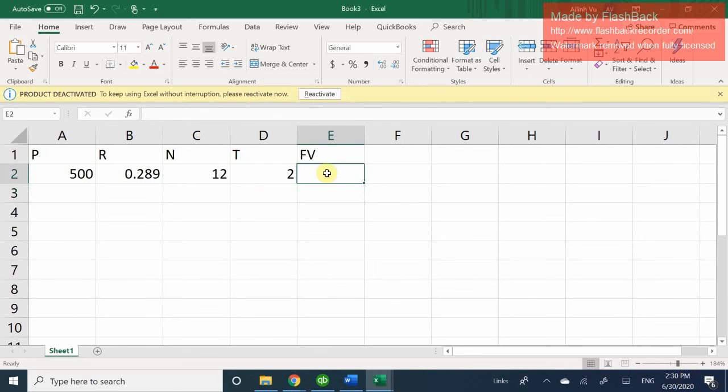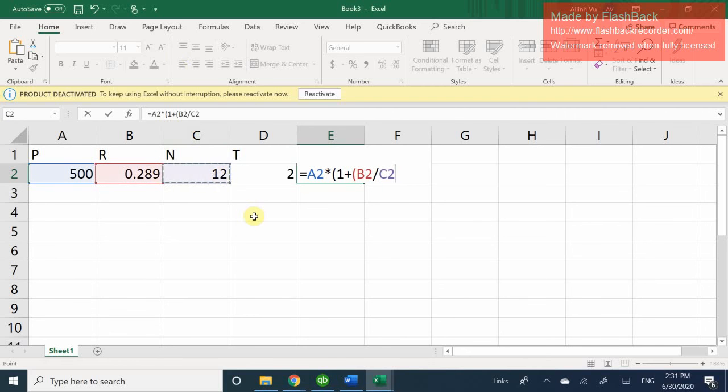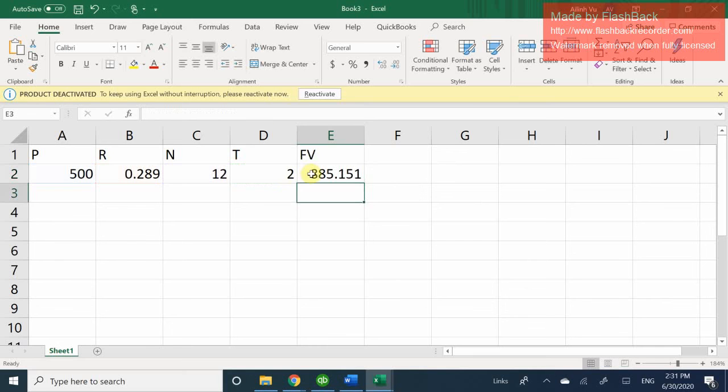My future value is going to be equal to your principal times 1 plus, in parentheses, your rate divided by your n, caret, open parentheses, your n times your time. And you should get this number here.